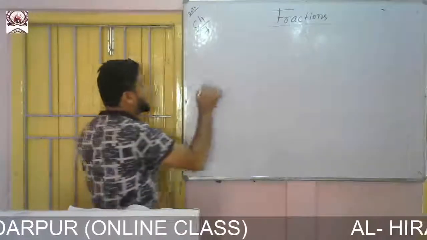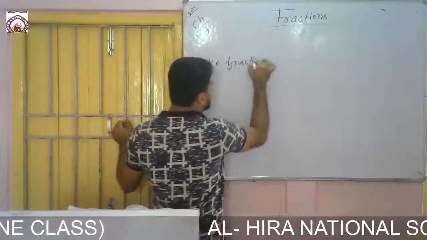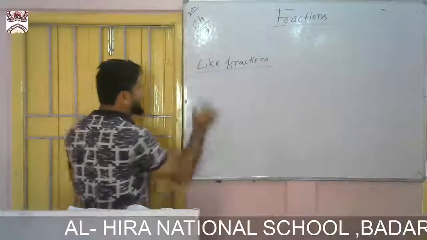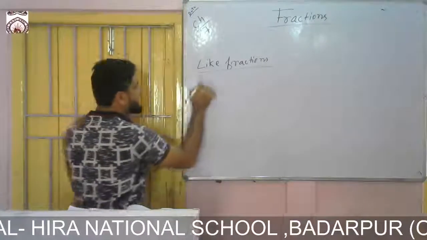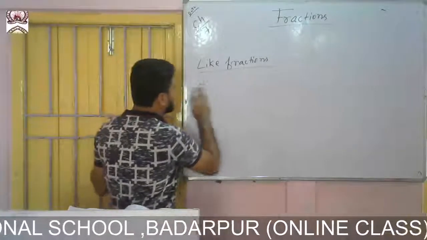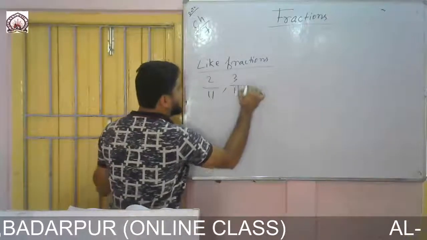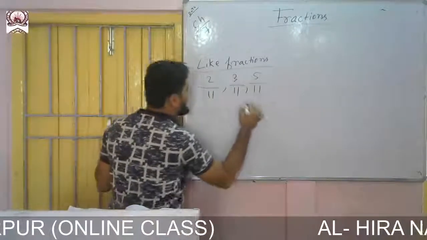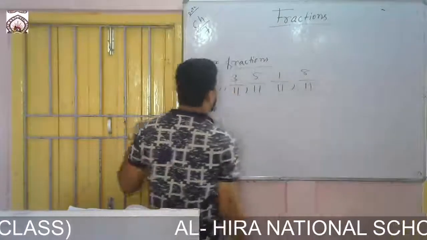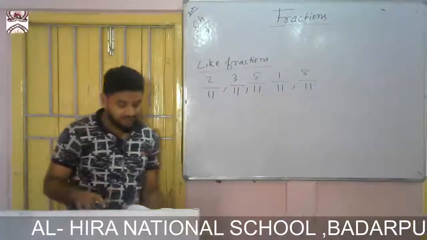Suppose 2 by 11, then 3 by 11, then 5 by 11, then 1 by 11, then 8 by 11. You see, all the denominators are the same. So these are like fractions.